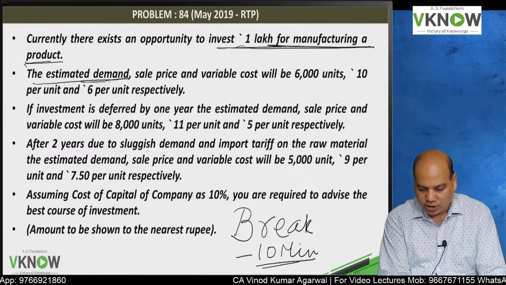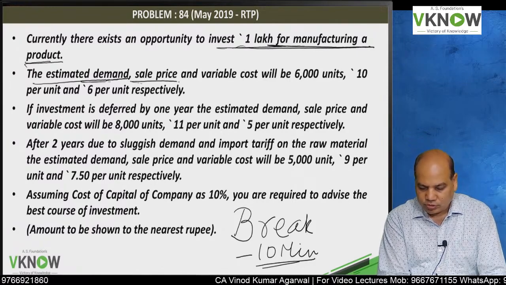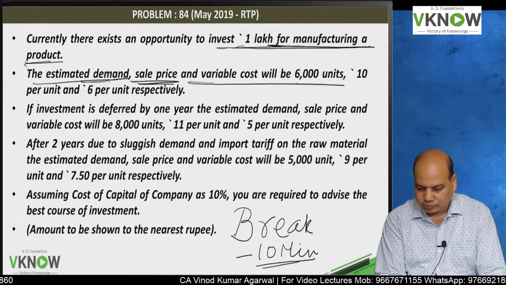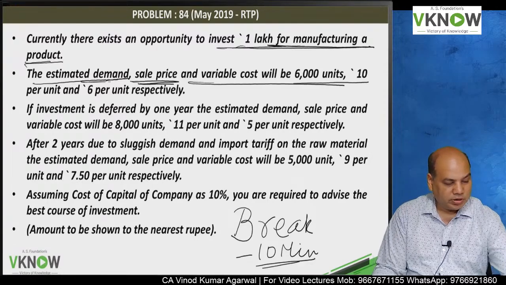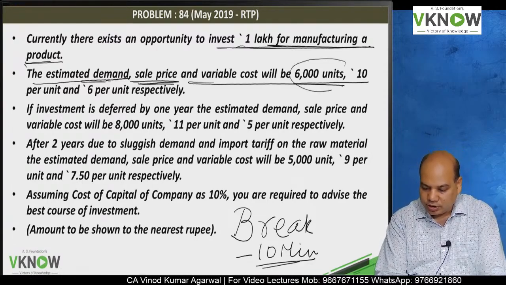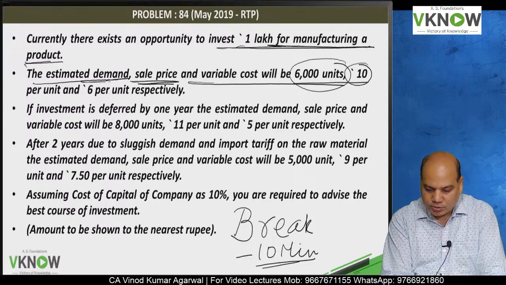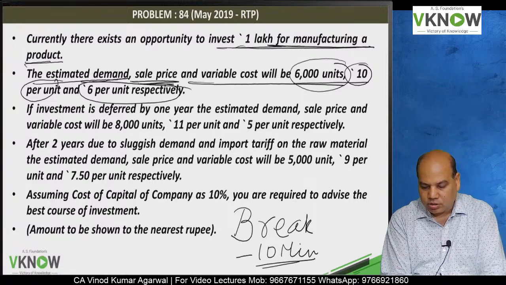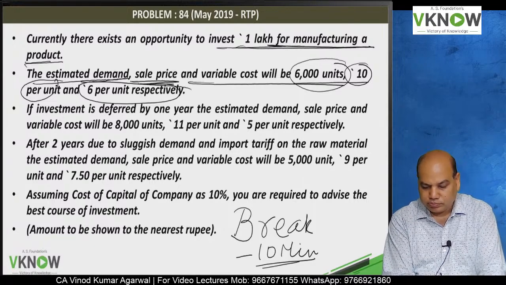the estimated demand, sale price and variable cost will be 6,000 quantity, 10 rupees per unit and variable cost 6 rupees per unit.